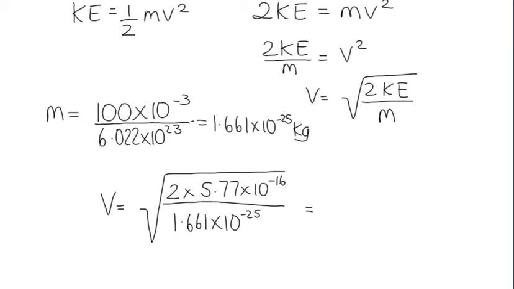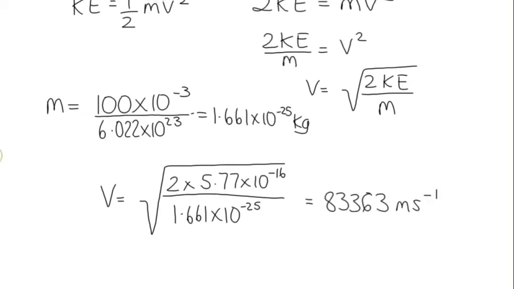You could use the fraction button inside that and press 2 times 5.77 times 10 to the minus 16 and divide it by the mass that you've got, and you will get a velocity, and I got 83363 meters per second.